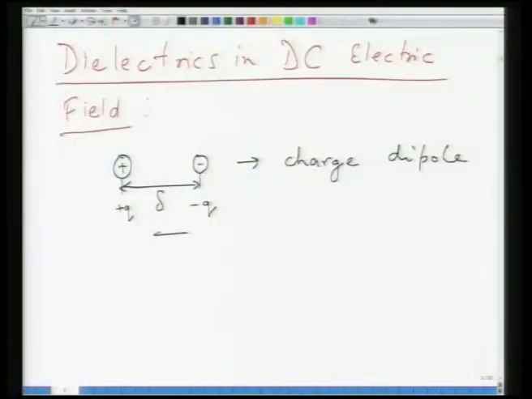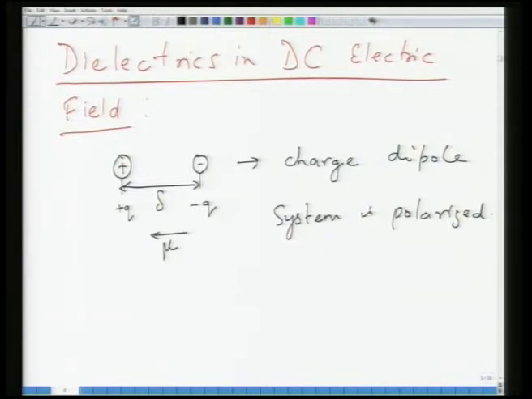Now, when we say that the system is polarized, it means the system generates some sort of dipole moment, and as a result of the creation of this dipole moment, what you induce is what is called polarization.